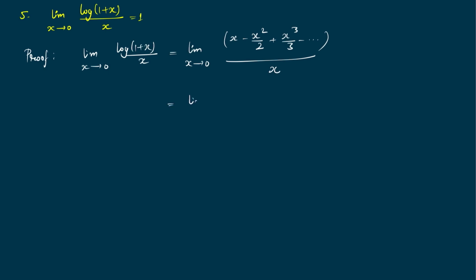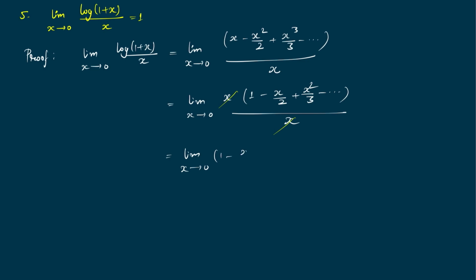If I take x common in the numerator, we have x common times 1 minus x by 2 plus x squared by 3 minus up to infinity, divided by x. So x and x get cancelled. Limit x tends to 0 of 1 minus x by 2 plus x squared by 3 minus up to infinity. Now if I put the value of x, everything will be 0 except the first term 1, so it equals 1, and hence the theorem follows.